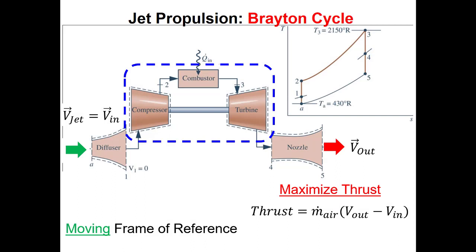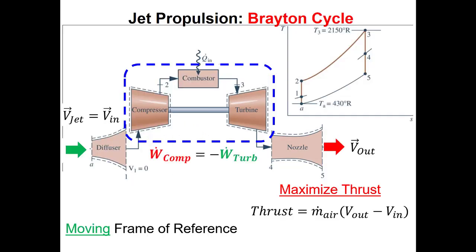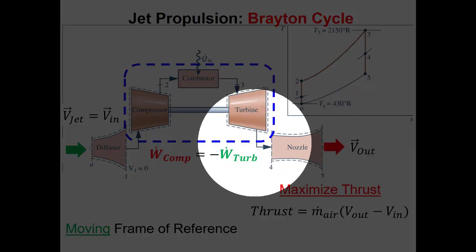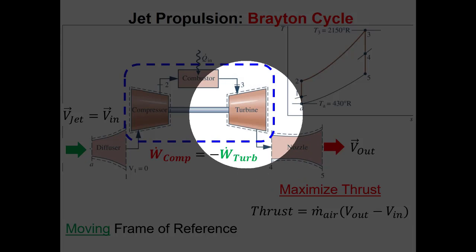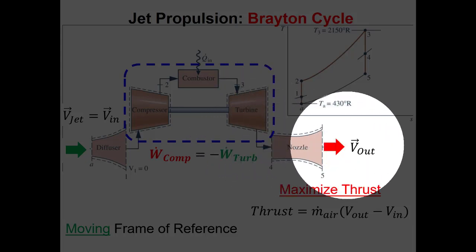The way that we preserve as much enthalpy as we can coming out of the turbine is that we only run the turbine in the Brayton cycle so that it can run the compressor. We're only trying to break even in terms of power in the Brayton cycle because the real purpose of this cycle is to maximize the kinetic energy at the exit of the nozzle. And if we got any extra mechanical power out of here, that's some power that we can't turn into kinetic energy.